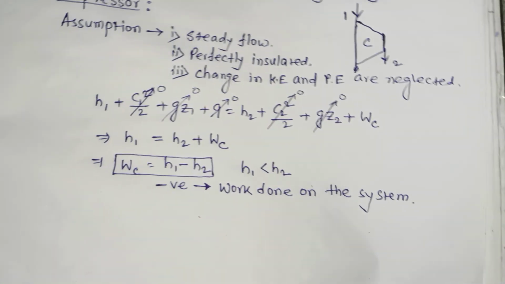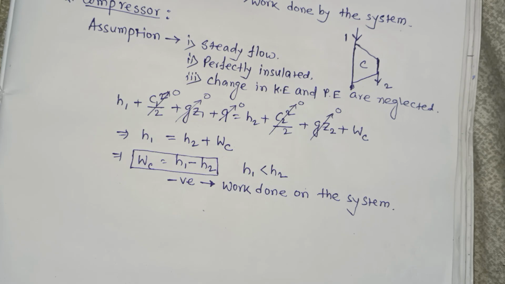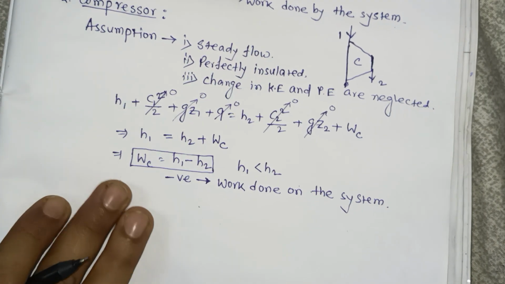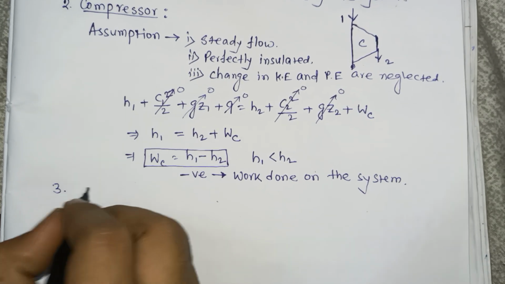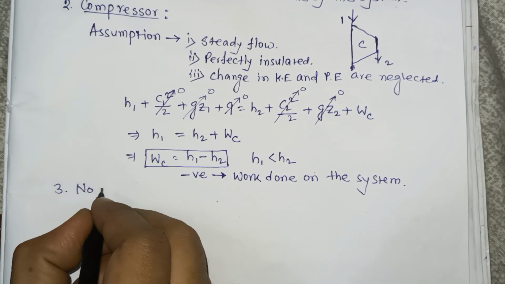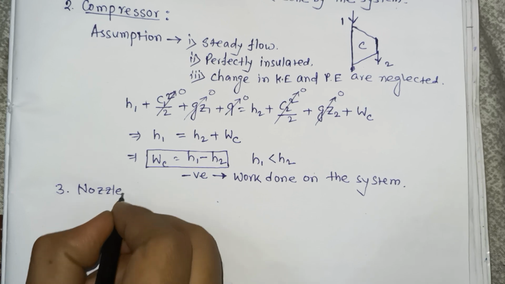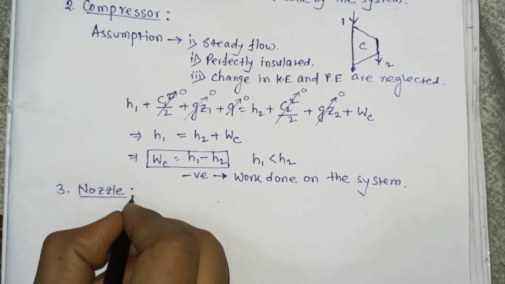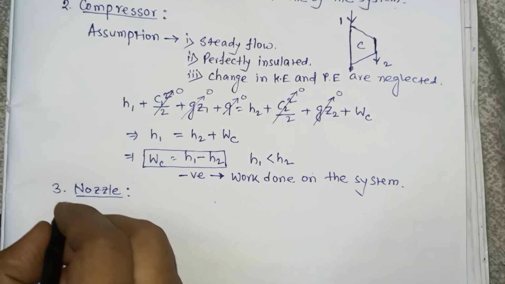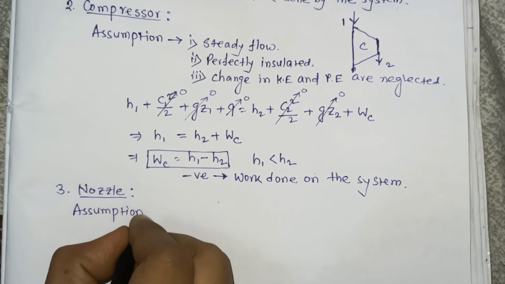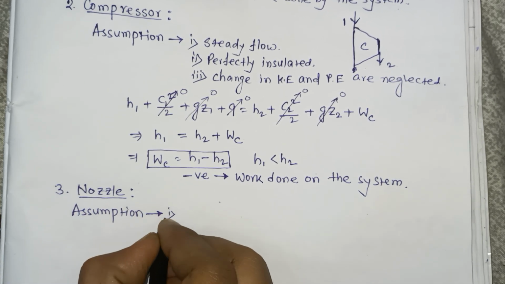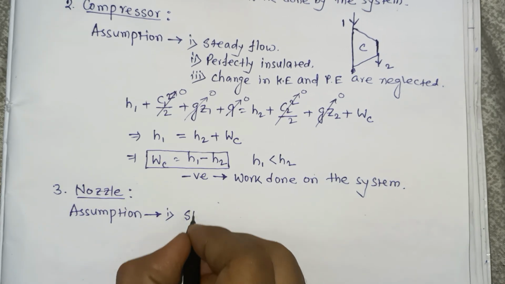Okay. Now consider the nozzle. The third open system device, a steady flow open system device, is the nozzle. For the nozzle there are four assumptions. First, steady flow.